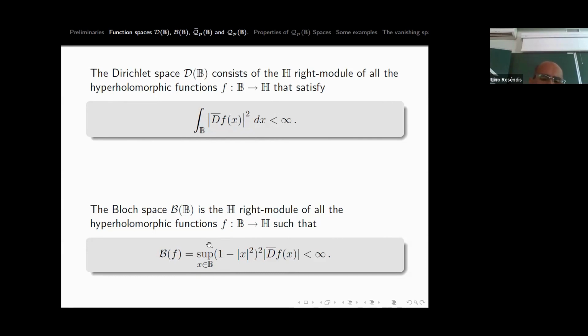But here we can observe that in the case of the Bloch space, with this first factor, we are keeping control of the growth of the hypercomplex derivative of f. If this is finite, then the function belongs to the hyperholomorphic Bloch space.